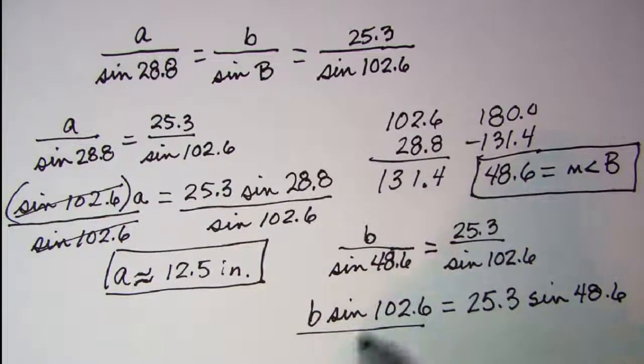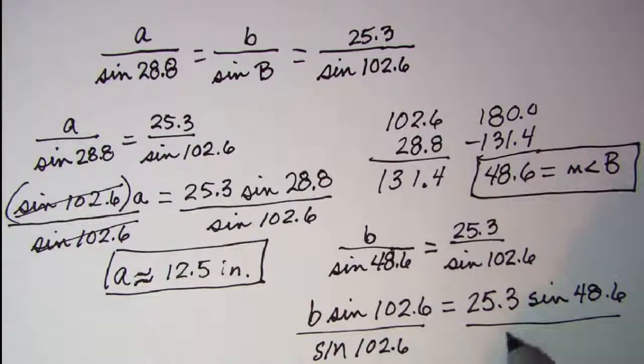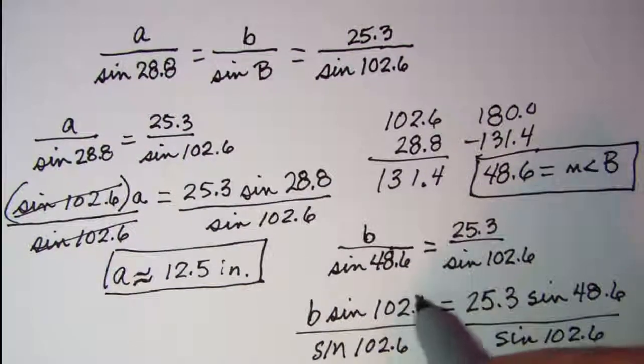And divide both sides by sine of 102.6. These will cancel.